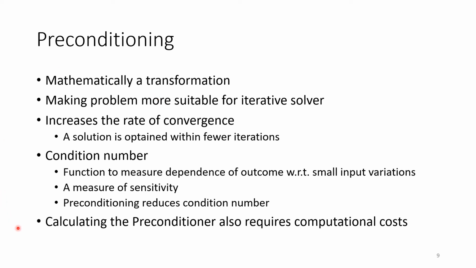It can speed up your calculations. But you might also consider that calculating the preconditioner also requires computational costs. So it's a trade-off. It can help, but it can also increase your computational costs. So be careful. In most cases it's not really necessary to apply it.